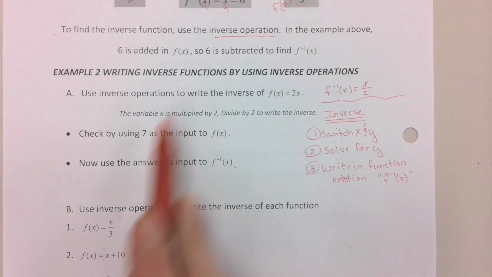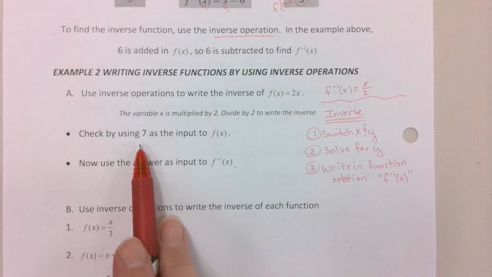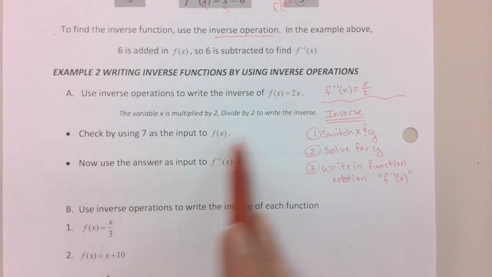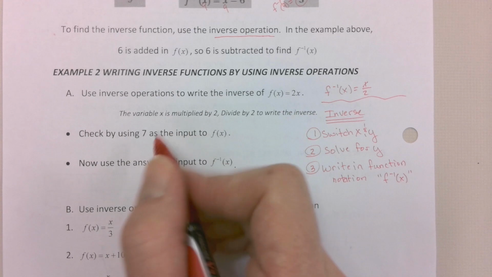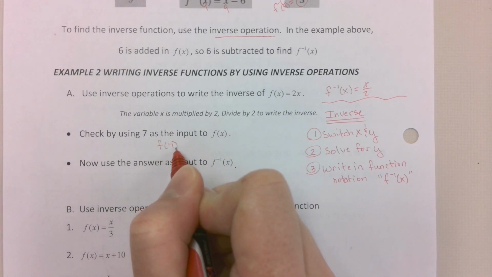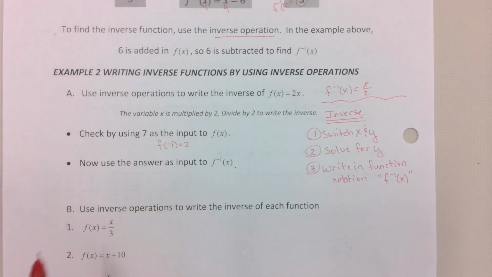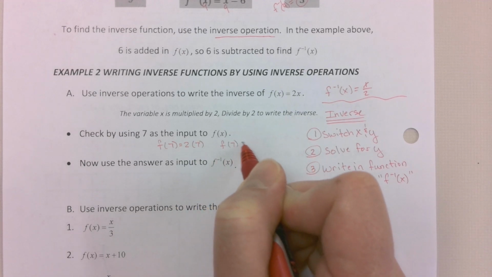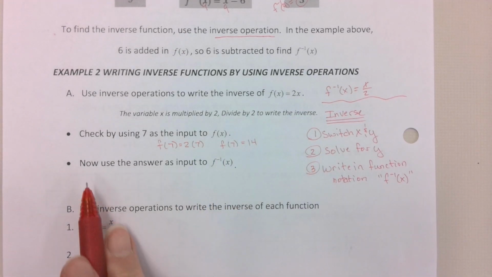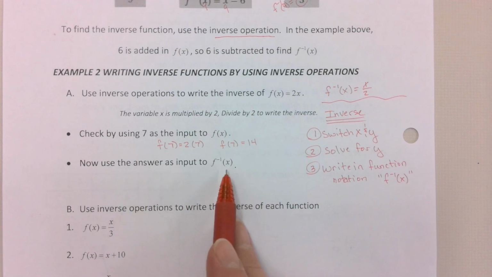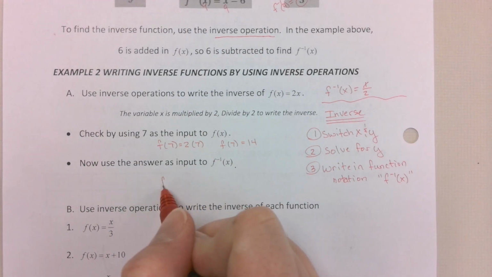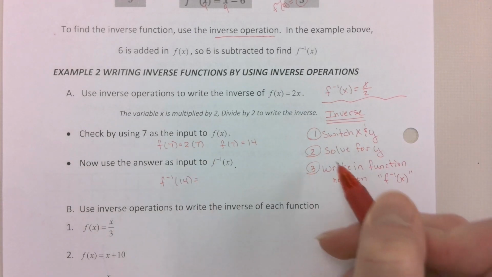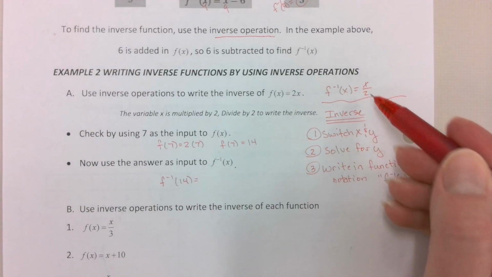Now the last part of this problem is going to ask us to put the input in. If we take 7 and put it into the original function, that would be f of 7 equals 2 times 7. So f of 7 equals 14. Now take that answer of 14 and plug it into the inverse. f to the negative 1 of 14 is equal to our inverse, which was 14 divided by 2.